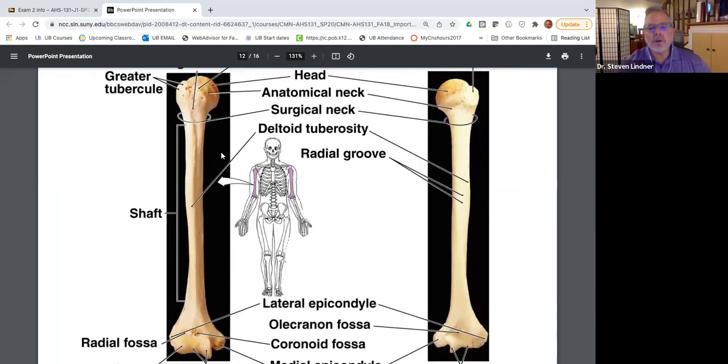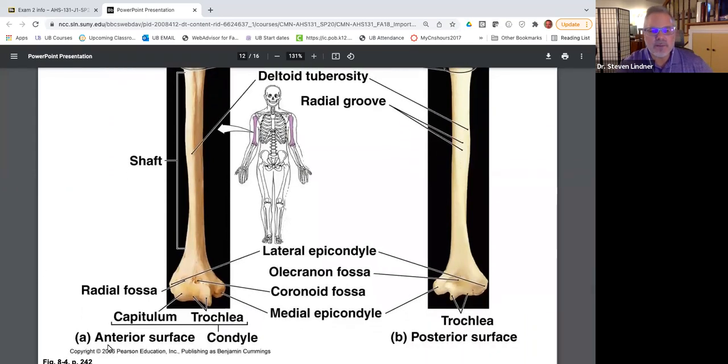How do we know we're looking at the humerus from the anterior view or from the posterior view? If we look here, anterior surface on the left, posterior surface on the right. When we go all the way down to the inferior end or the distal end of the humerus, on the anterior side, there's two fossas.